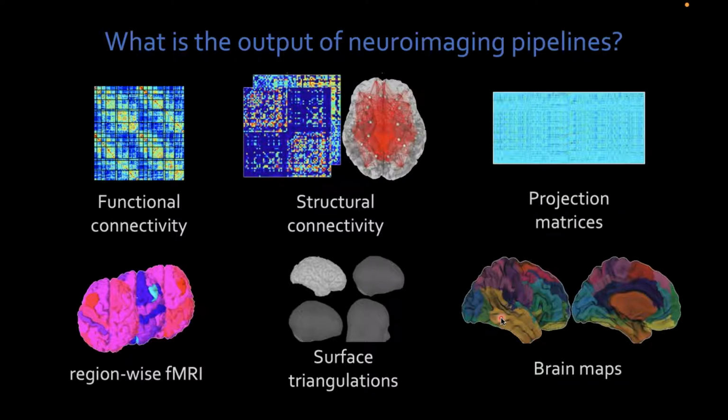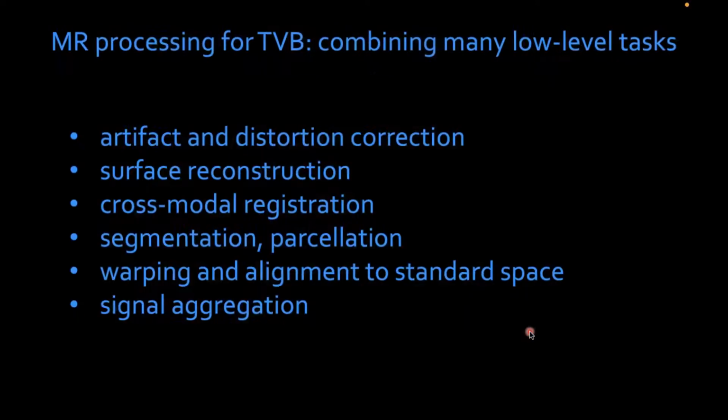We also have surface triangulations for creating volume models that describe the conduction of electromagnetic fields through these different tissue types in order to project the neural activity into the sensor space, in order to compute such projection matrices, for example.